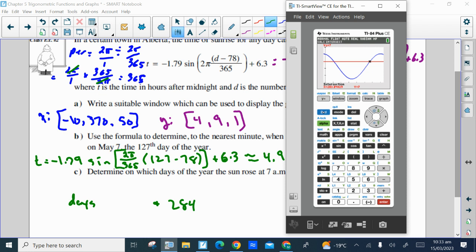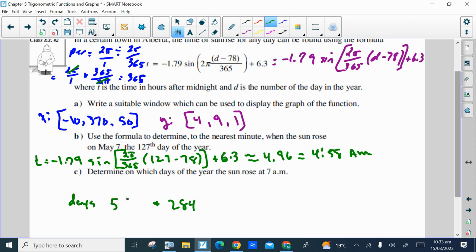The one on the left, I put day 50 as my guess. It's actually day 55 to the nearest day.